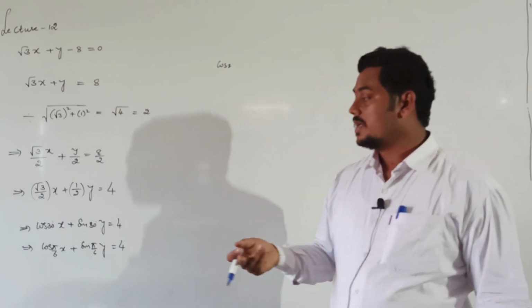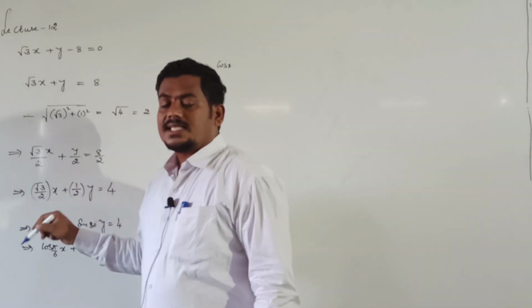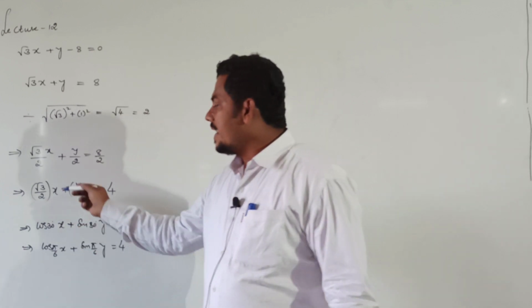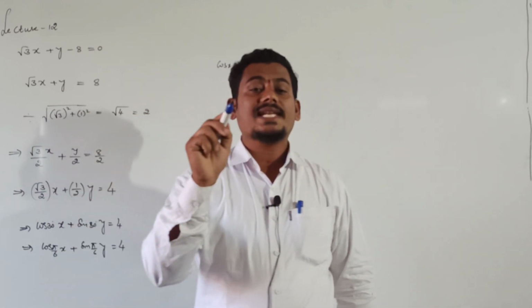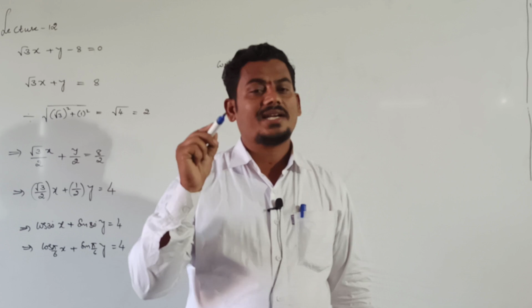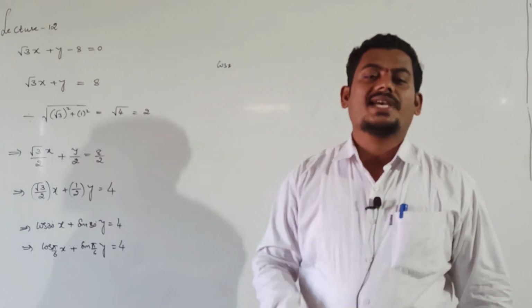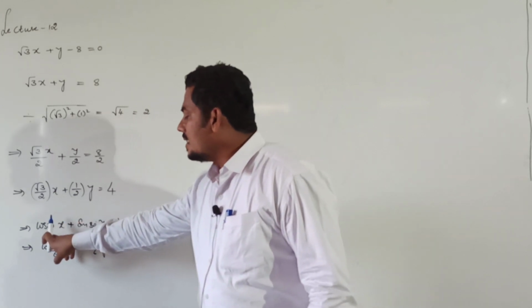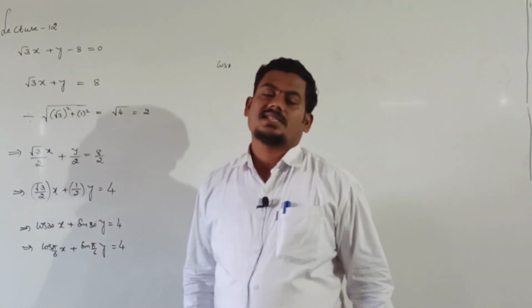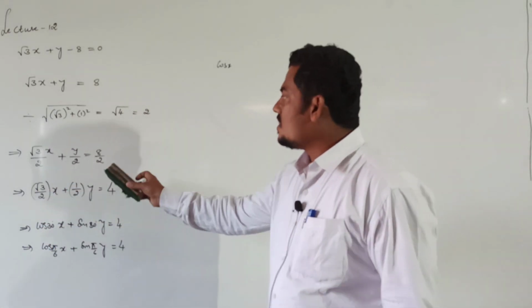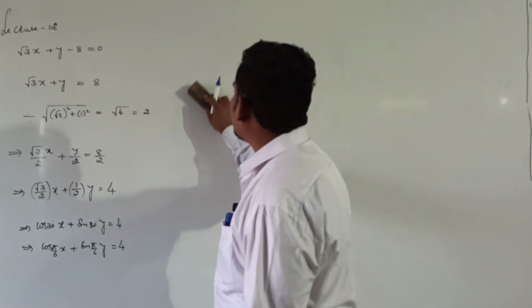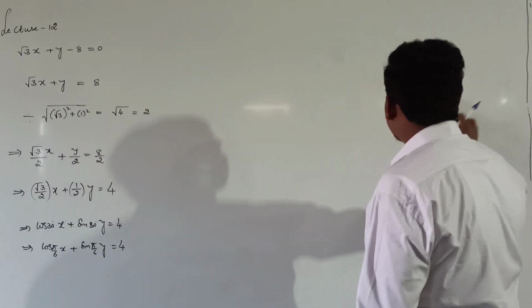Even though sin 60 is root 3 by 2, don't write it in terms of sin. For that reason, write root 3 by 2 as cos 30 degree. This is the normal form of the equation of the straight line.